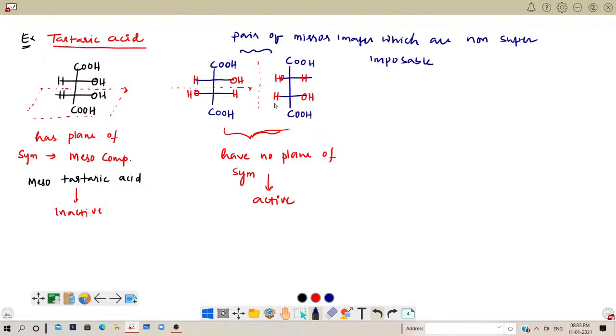A pair of mirror images which are non-superimposable mirror images. They are called what? Enantiomers.